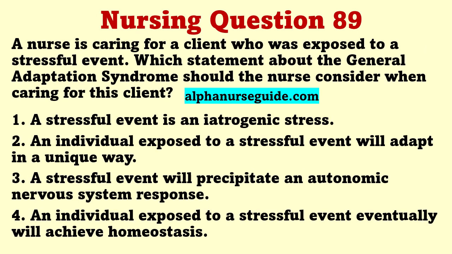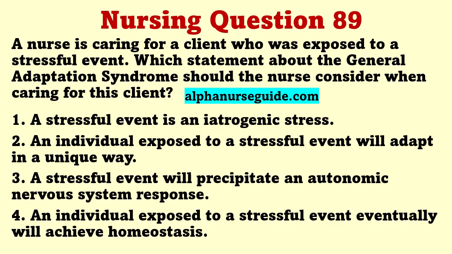A nurse is caring for a client who is exposed to a stressful event. Which statement about the general adaptation syndrome should the nurse consider when caring for this client? 1. A stressful event is an iatrogenic stress. 2. An individual exposed to a stressful event will adapt in a unique way. 3. A stressful event will precipitate an autonomic nervous system response. 4.